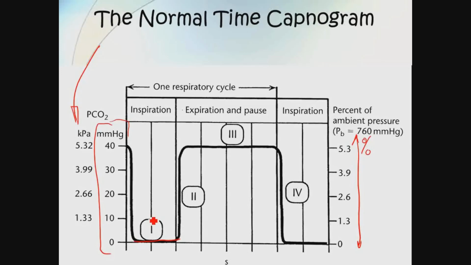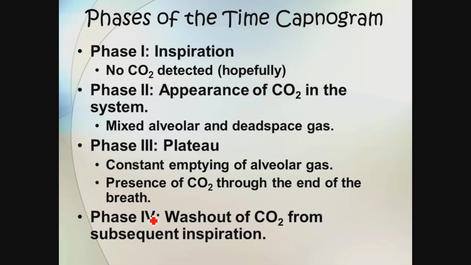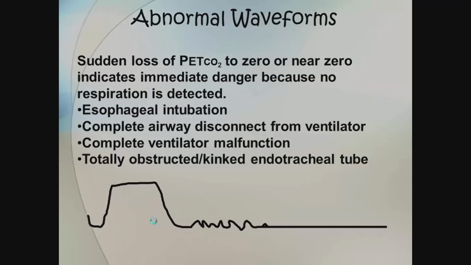Phase 2 then is where we start having a mixture of alveolar gas and dead space gas, because as that gas is coming out, the first part of the exhalation is going to end up being very low in CO2, because it's basically within your anatomic dead space. Then as that CO2 continues to be exhaled, you're going to see a rise back up again.